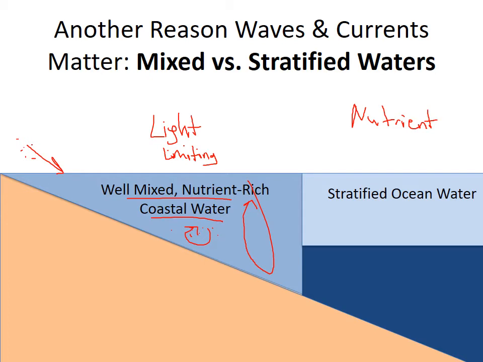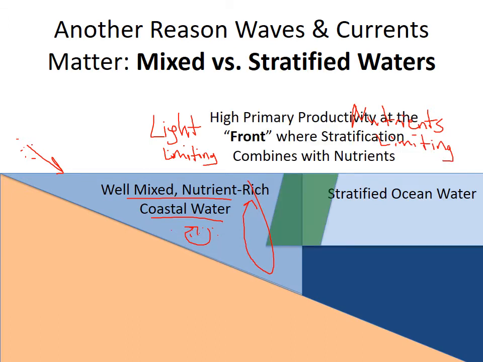But right where these water bodies meet, there's sort of what we call a front, where the well-mixed water mass full of nutrients but murky, and the stratified clear water mass that's stable but low in nutrients, right where they combine, they're sort of like the perfect conditions for phytoplankton growth, where you've got enough nutrients but the water column is stable and well lit, and you get a big bloom of this green growth of algae.